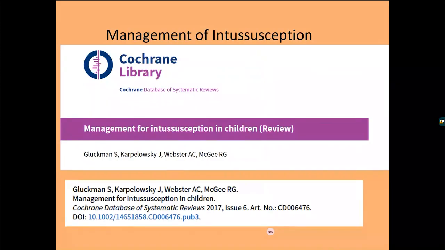So if you want to know a little bit more about the current management of intussusception, there is a good article published in Cochrane Reviews. It was conducted in 2017 by a team of physicians in Sydney Children's Hospital, where they have looked at different management options and their pros and cons when it comes to management of intussusception.